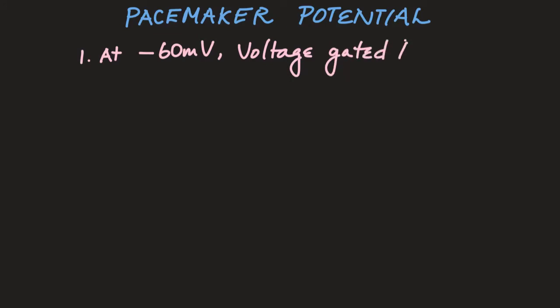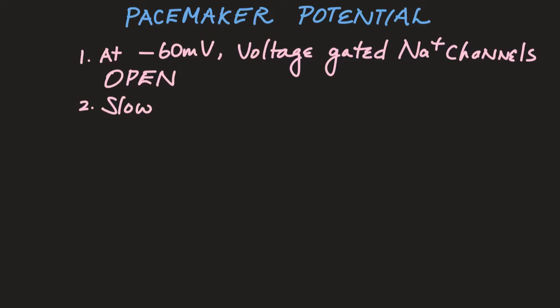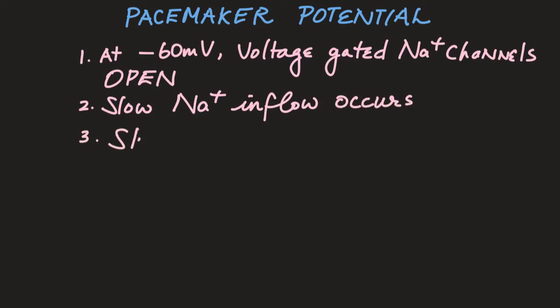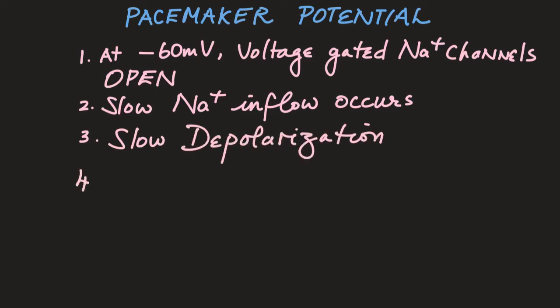At minus 60 millivolts, voltage-gated sodium channels open. There is a slow sodium inflow. Sodium inflow brings in positive charges, and so there is a slow depolarization. The voltage now reaches minus 40 millivolts.